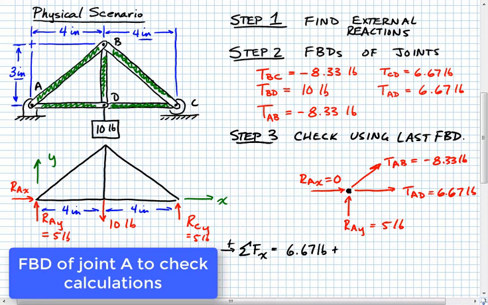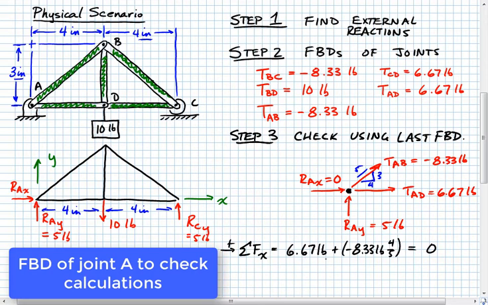Then we have TAB, all right, and that was actually negative 8.33 pounds, and just getting the horizontal component of that, we would have to multiply it based on this slope over here of 4 to 3. We would have to multiply that thing by a value of 4 over 5. All right, and it looks to me like that's the only values that we've got there. All right, and set that equal to 0.